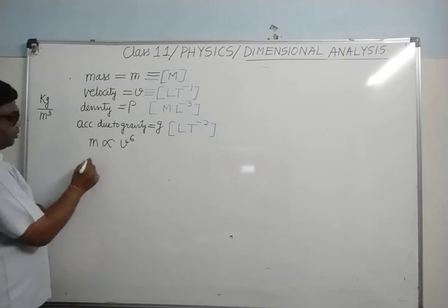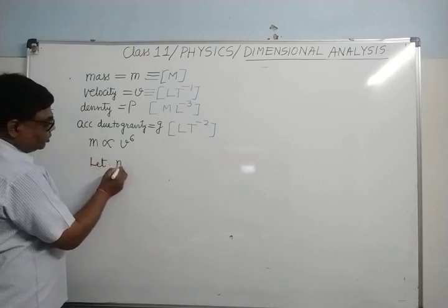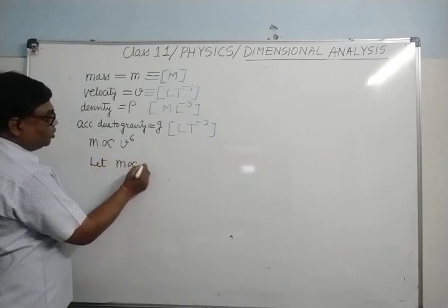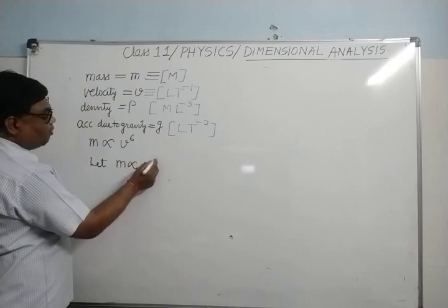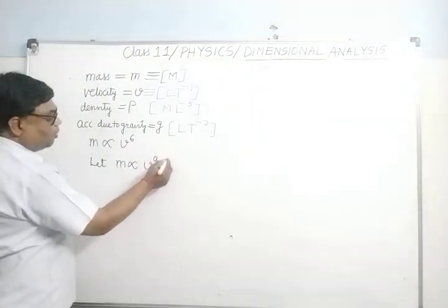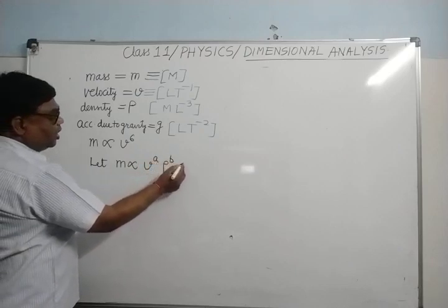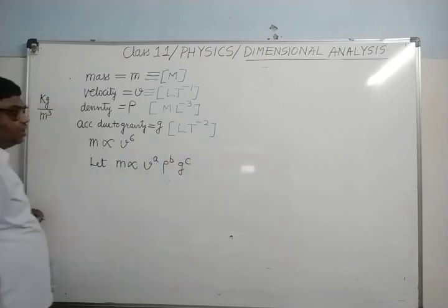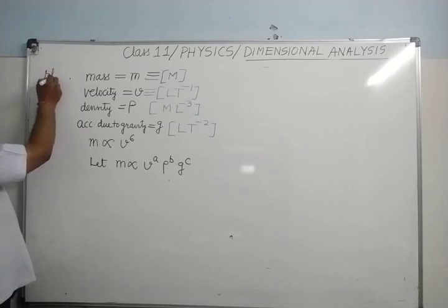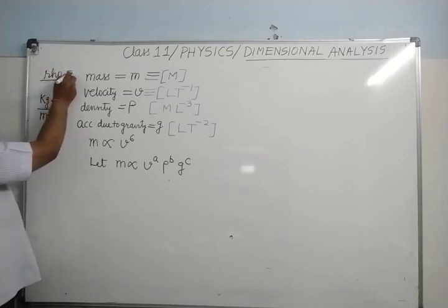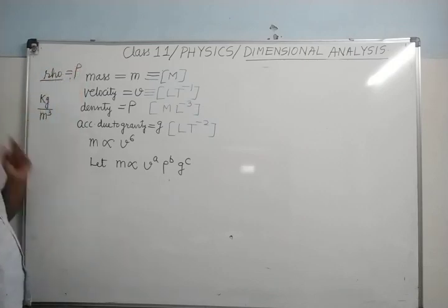So let small m be proportional to v to the power a, rho to the power b, and g to the power c. Rho is a Greek letter.